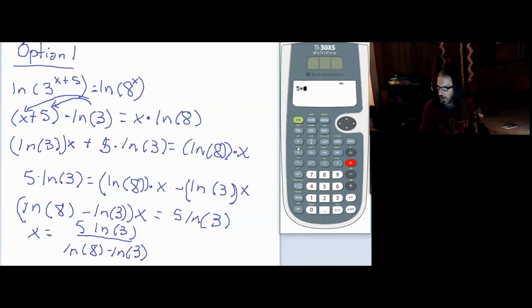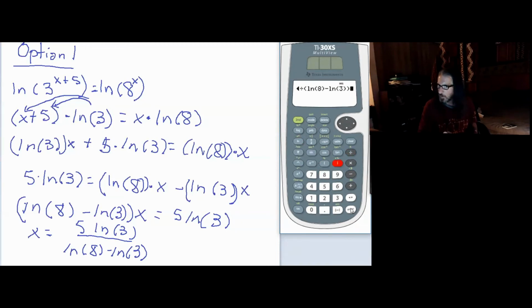We don't have to put parentheses around that, so I won't. Around that denominator, natural log of 8 close parenthesis minus natural log of 3 close parenthesis.